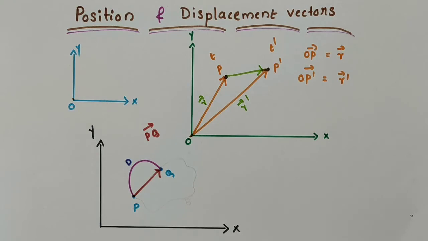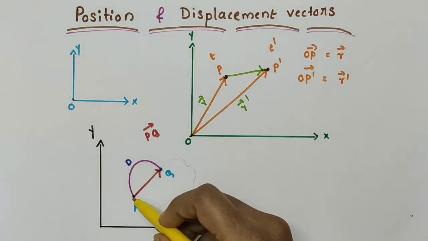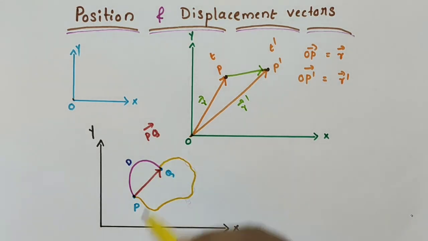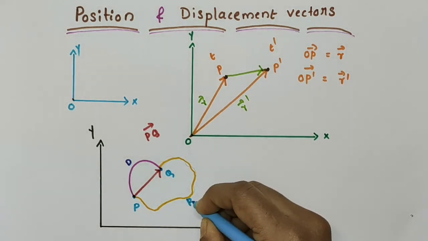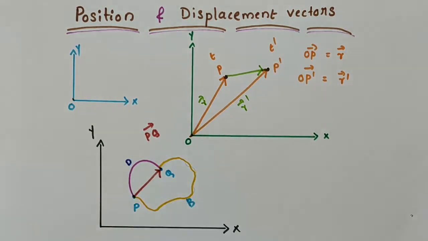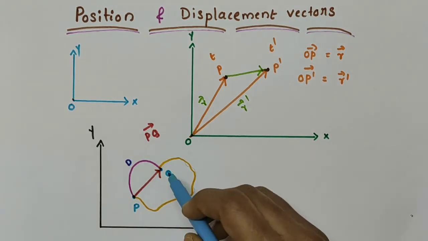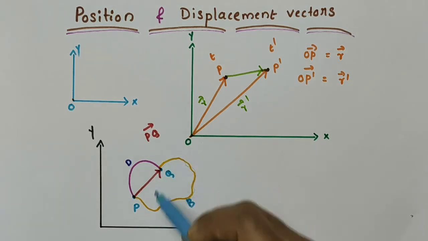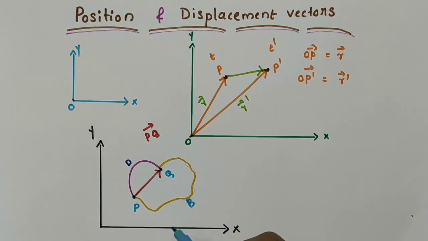Now similarly, if the object travels through this particular path, for example, let it be PBQ. It starts its motion from the point P and ends its motion at the point Q, but it is choosing another way to reach the point Q. That way is PBQ. So if the object travels through this path PBQ to reach the point Q from the point P, what about the displacement vector here also?